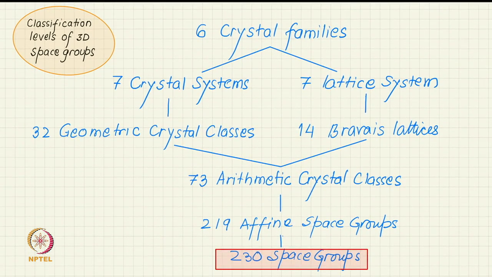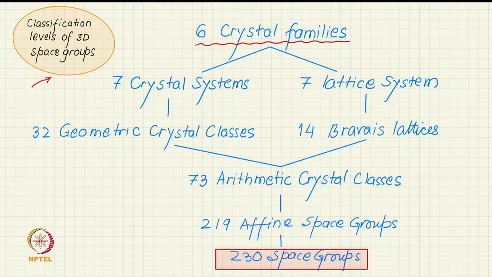Again in this book you will find a classification scheme of space groups, with different classification levels. One of the coarsest classifications, coarsest meaning one leading to the least number of categories, is the so-called crystal family. All space groups can be divided into 6 crystal families.